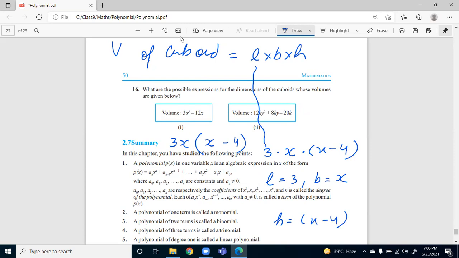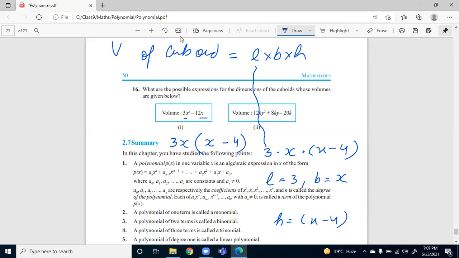Understood? Ma'am, can you explain again? Yeah, the expression is given. You can see it is a quadratic expression. Out of these two terms, I can take 3x as common. Then what remains in the bracket? You will get x minus 4 in the bracket.